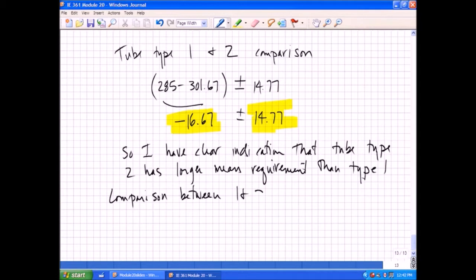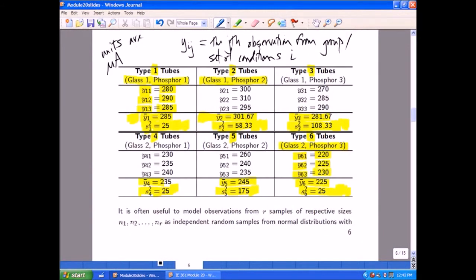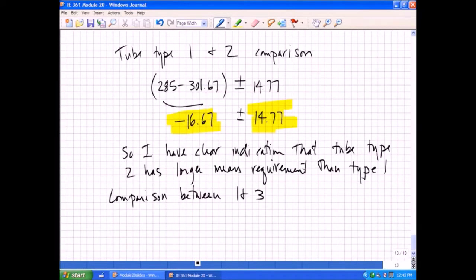If I make a comparison, say, between 1 and 3, returning to this set of y bars, I'd be taking a difference now between the 285 and the 281.67, and that comparison is not so obvious. So I'd take 285 minus 281.67, and I've got to hedge that by 14.77.